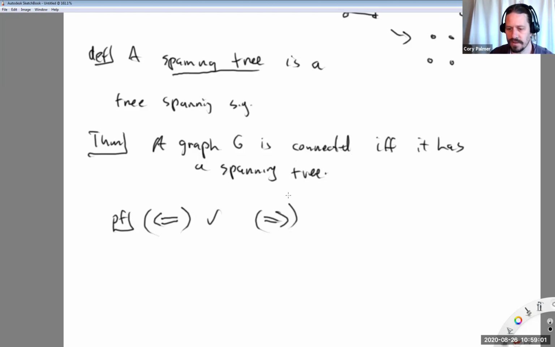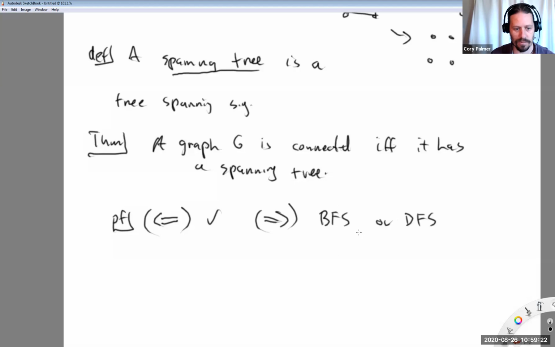The other direction: if you're connected, do you have a spanning tree? There are a few ways to prove this. One way is to look at all the spanning subgraphs of G and show that the smallest one is a tree. Then that follows from some of our tree characterization theorems. Another way to do this, procedurally, which is actually better, is to build up a breadth first or depth first search of your graph.